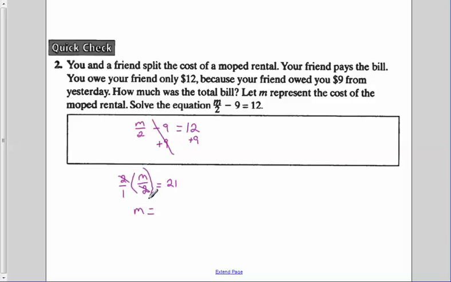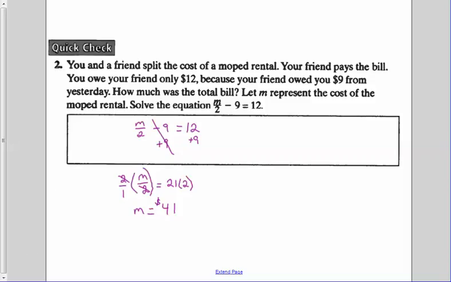And remember, whatever I do to one side, I have to do to the other. So I have to multiply by 2 on the other side. And I'm left with 21 times 2. So 21 times 2, 41. So in total, how much was the cost of the total bill? It'd be $41 before you split it and you had to pay your friend.